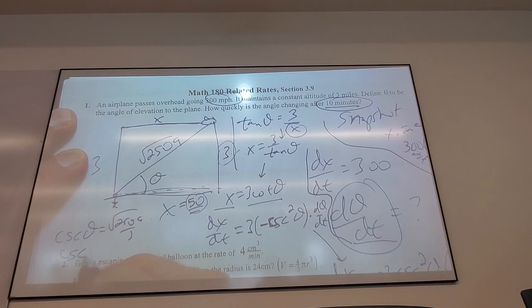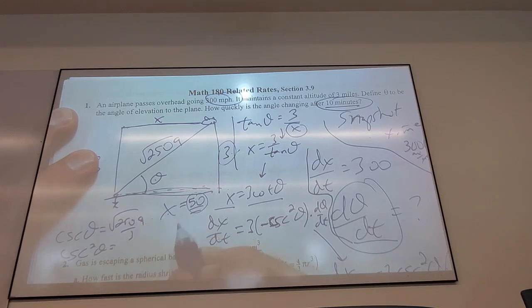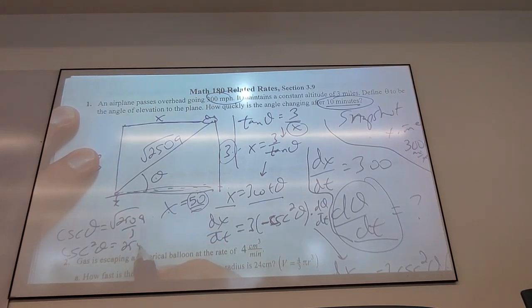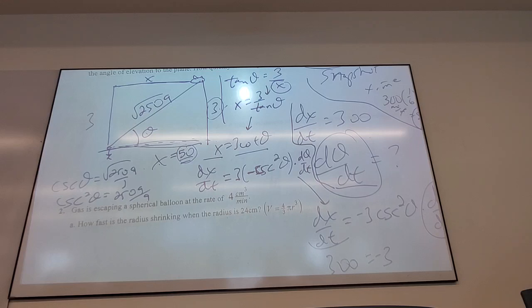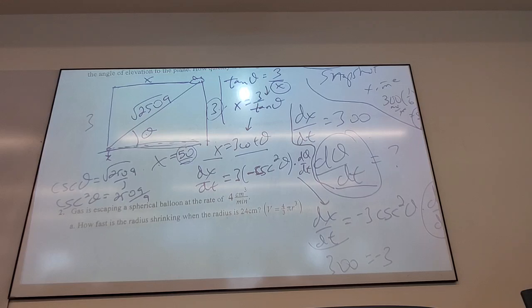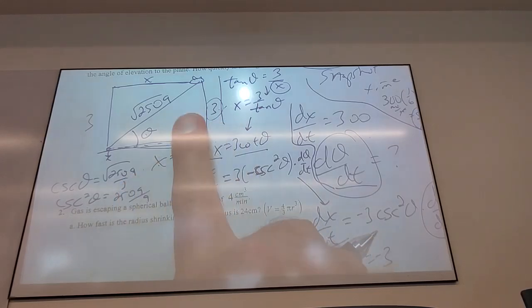So what's cosecant squared? 2509 divided by 9. Is everybody cool with the root of 2509 divided by 3?